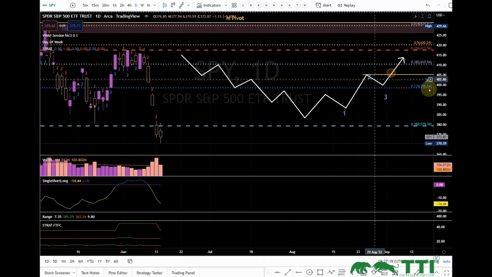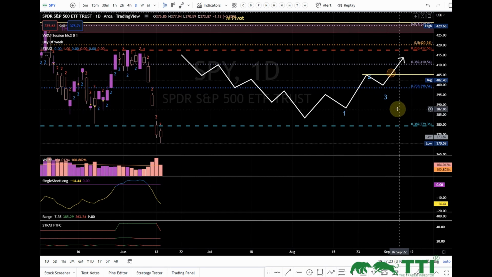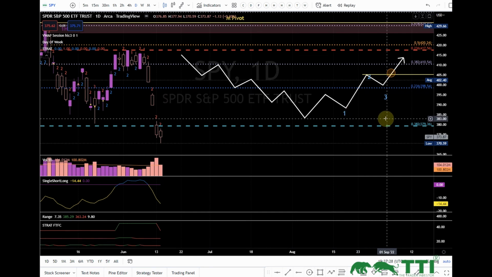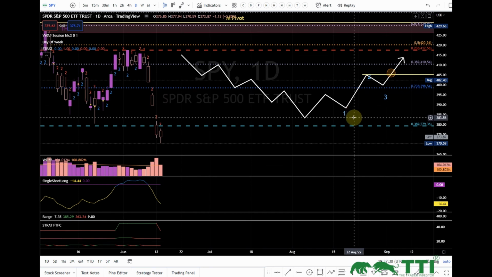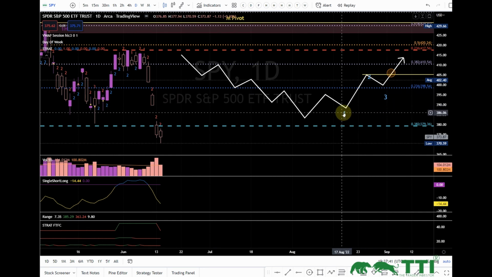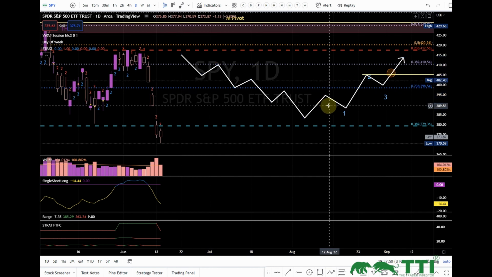Can you ask your question in this way, or do you want me to draw it the other way around? No, I can ask it in this way. If we can imagine this was upside down, the same question applies, whether you're going up or down. Yeah. So my point was, on here, your 1 didn't change regardless of this point. One was a higher high or a lower high. Yes. Essentially, it became insignificant.